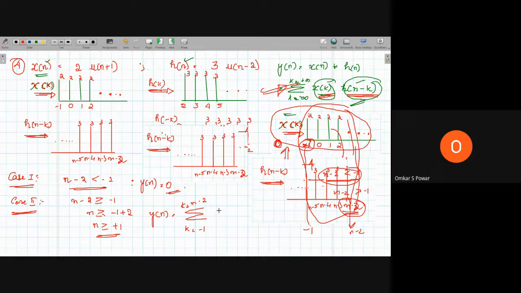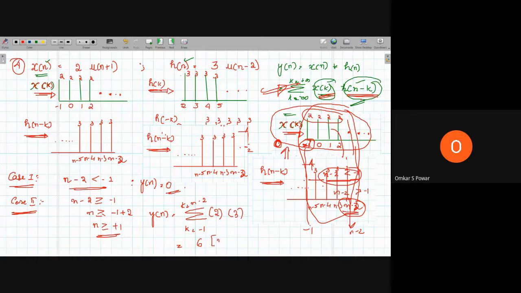Then what is this one? x of k. So what is the magnitude of x of k? 2. Directly we can write. And h of n minus k, what is the magnitude of h of n minus k? It is 3. So 3 2s are 6. I'll bring it outside. Then how do you solve this?